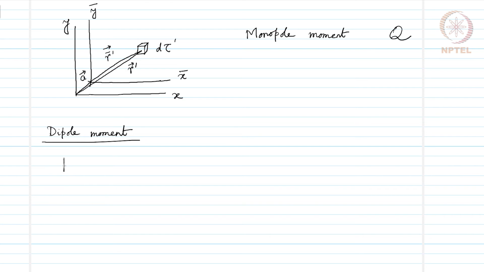So, the dipole moment p bar in the new coordinate system can be written as the integration of r prime bar vector times rho of r prime d tau prime, because the charge density is whatever physically is there, and we can integrate it over any coordinate system, it does not matter.